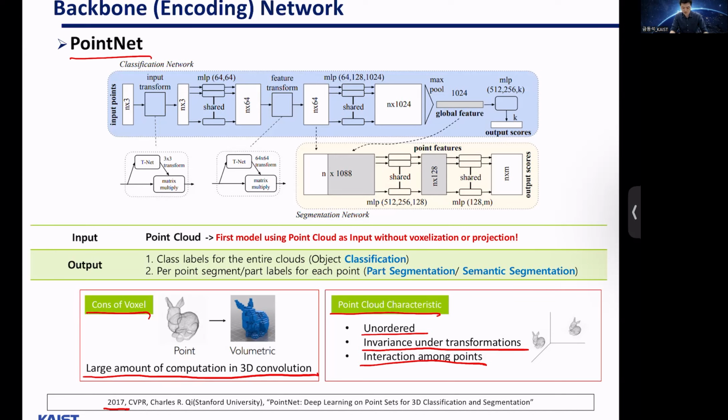People were focusing more on vision or image-based problems. So this was one of the early works that proposed a backbone for point clouds. So people started to use PointNet afterwards. Okay.